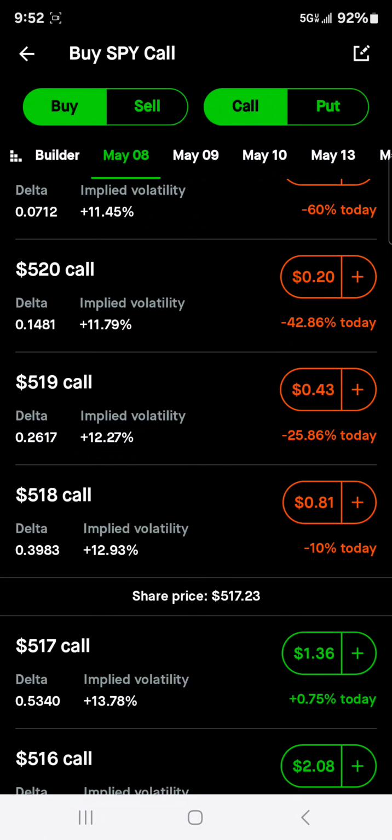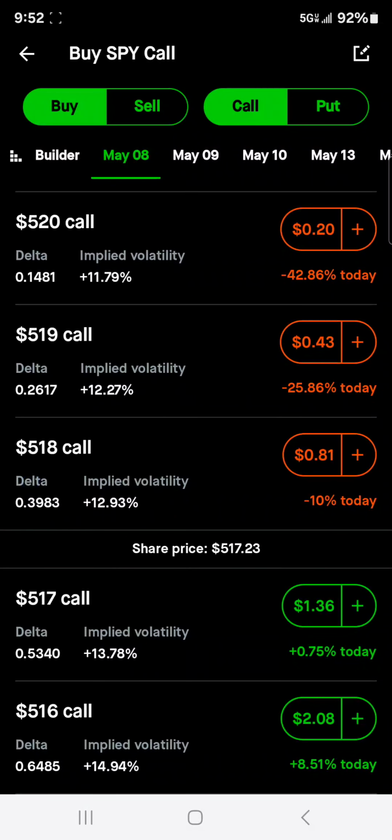More or less, your break-even is 518, so the market needs to hit at least 518 to break even, just to keep it basic. Otherwise, if the stock market doesn't end at 518 when this contract expires, it'll expire completely worthless. So you want to make sure that you're either trading it when the market is moving, or that you get out of the transaction before it expires. Otherwise, you lose all of your money.